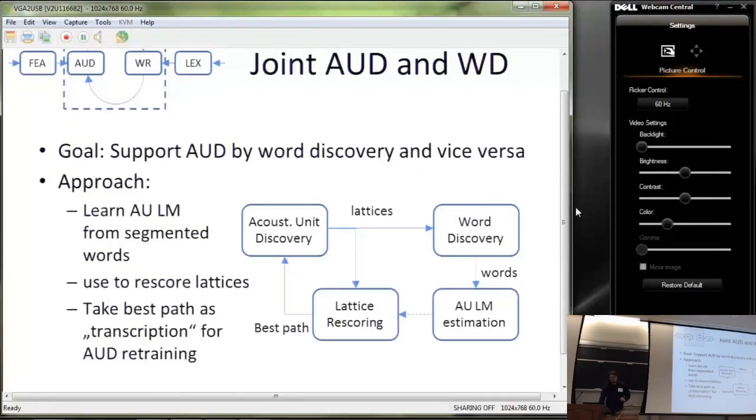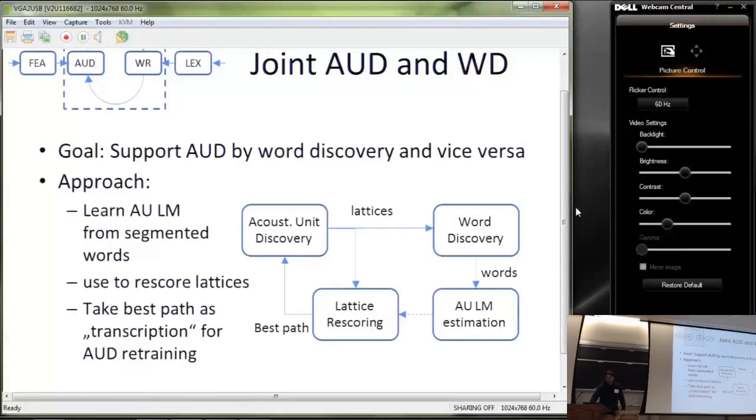Afterwards, I can extract the best path from this lattice. Luca already told you about that when he talked about the phonotactic bigram language model he used. So with this interface, we are able to get the word level information into the acoustic unit discovery.